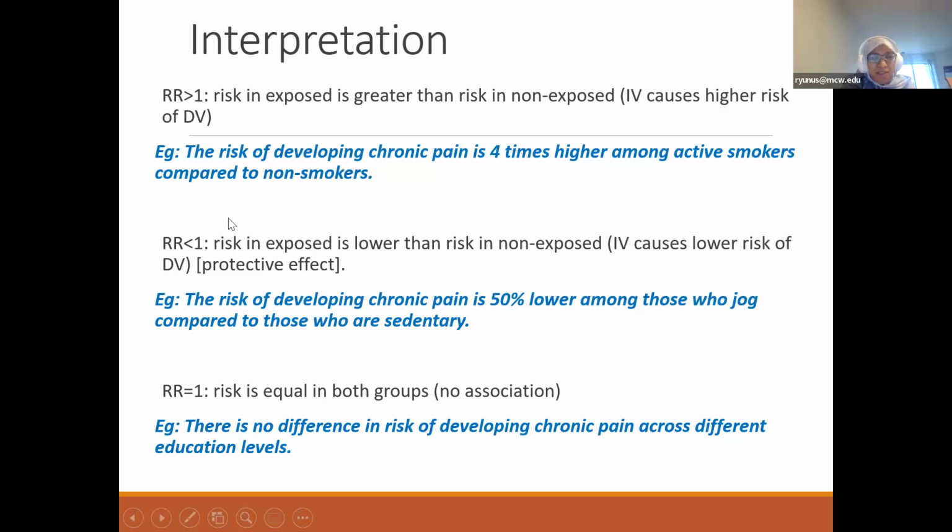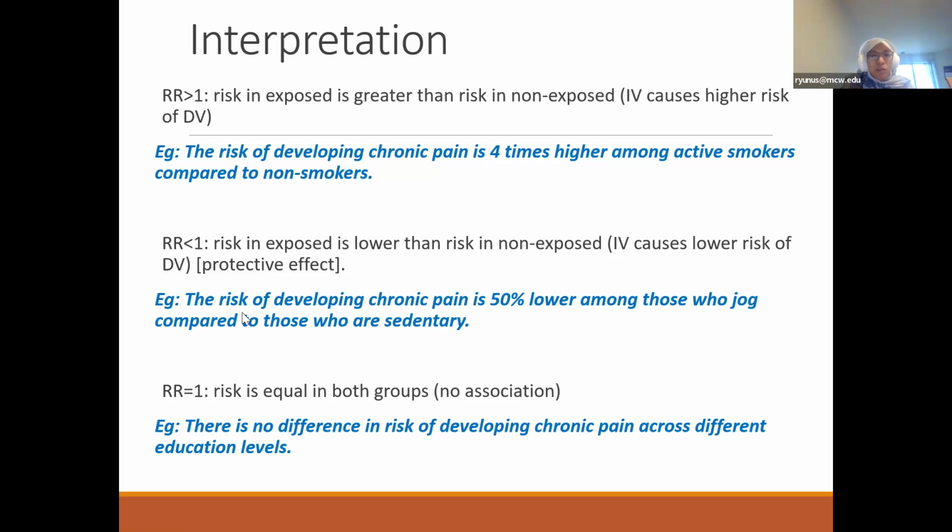Now, if your relative risk is less than 1, that means the risk among those who are exposed is lower than the risk among those who are non-exposed, which simply can be translated into independent variable causes lower risk of dependent variable. So it is a protective kind of relationship.